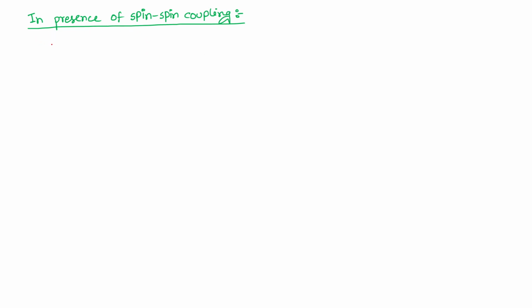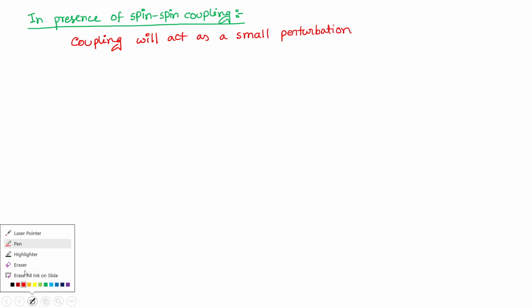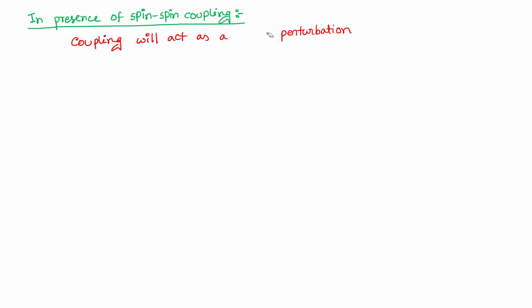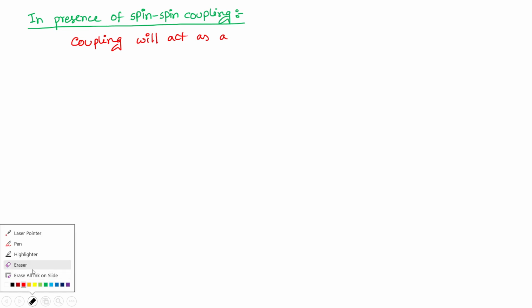So I will write it here. Coupling will act as a small perturbation. Actually, I should not write small perturbation, because perturbation actually means this is small.